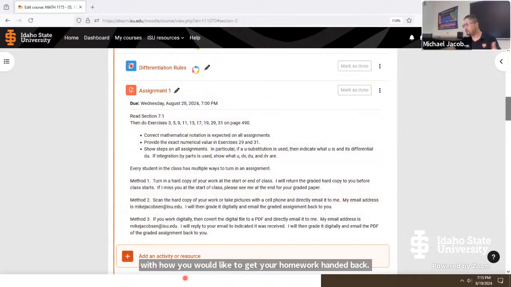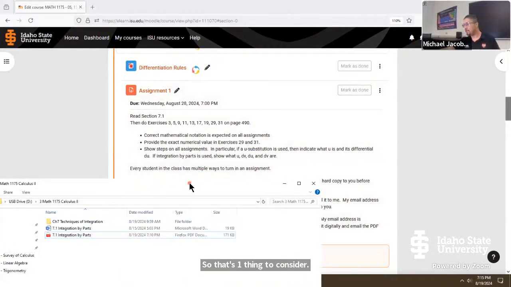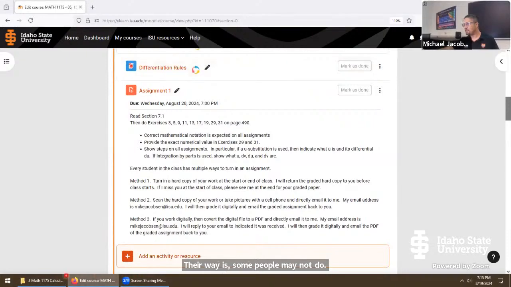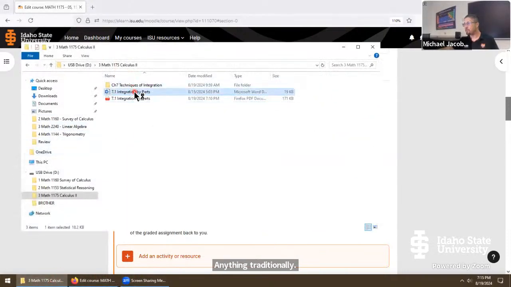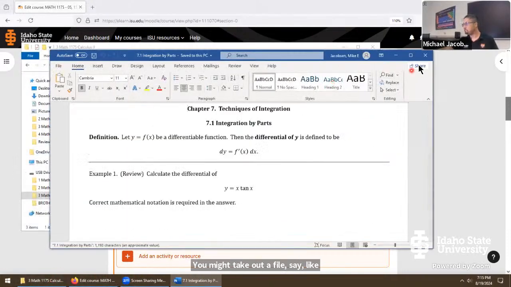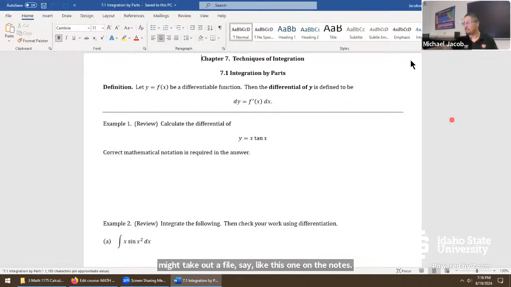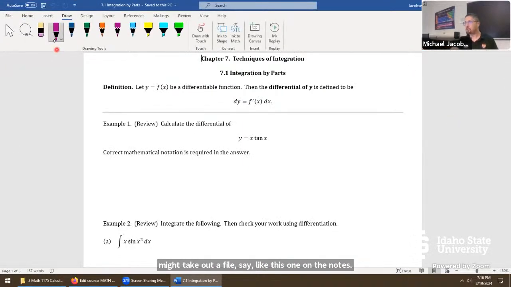Third way is some people may not do anything traditionally. You might take out a file, say like this one on the notes. Pretend this is your homework set. I'm not sure what program you might be using. It could be Microsoft Word, some equivalent program on an Apple platform, or so on.